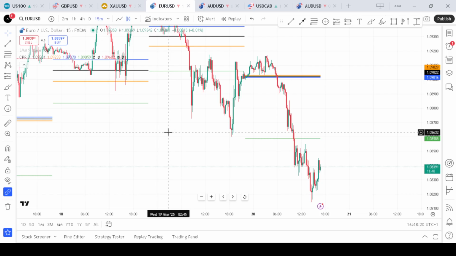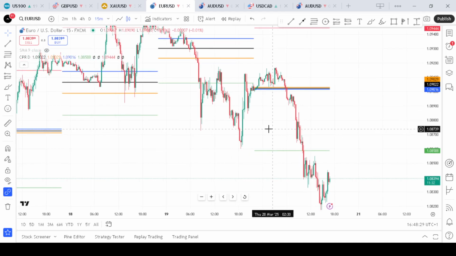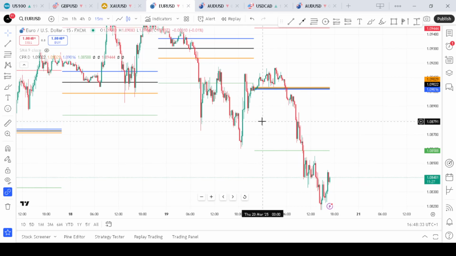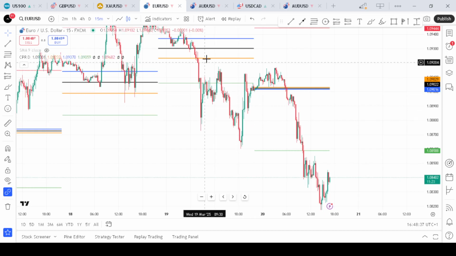We start by observing the position of the current market price. If price is above the top central pivot point, it indicates bullish sentiment.